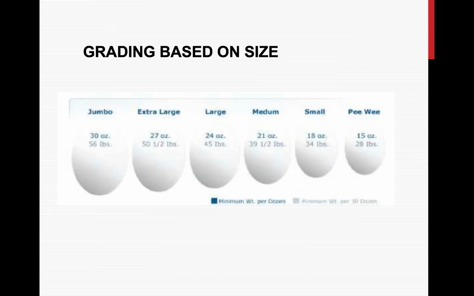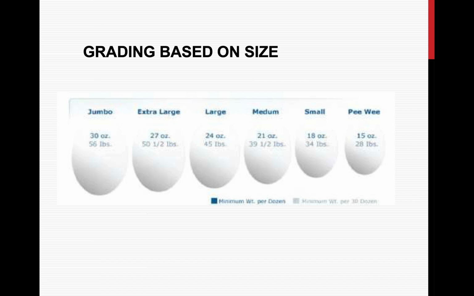Egg grading is also done on the basis of size. So if an egg weighs about 56 pounds, it is considered a jumbo sized egg. If it weighs about 50.5 pounds, then it is an extra large egg. If it weighs 45 pounds, it is a large egg.